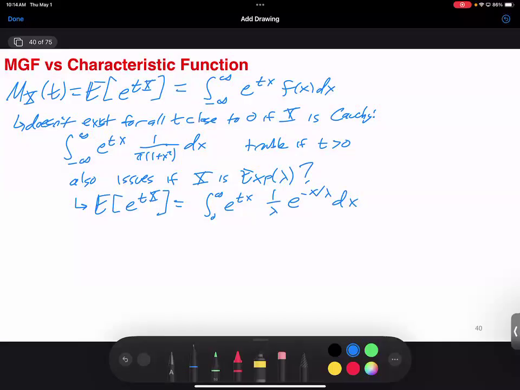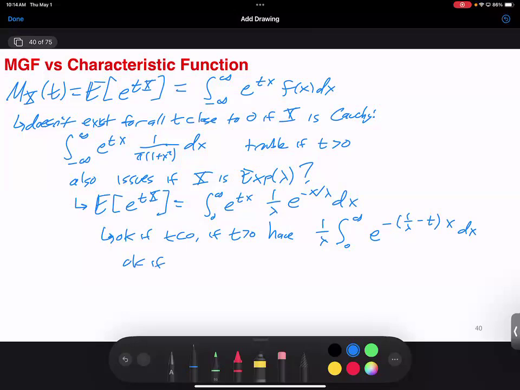If t is sufficiently small, are we okay? Yeah. So you're okay if t is less than 0. If t is greater than 0, we have 1 over lambda, integral from 0 to infinity, e to the negative 1 over lambda minus t x dx. And we're okay if t is less than 1 over lambda.